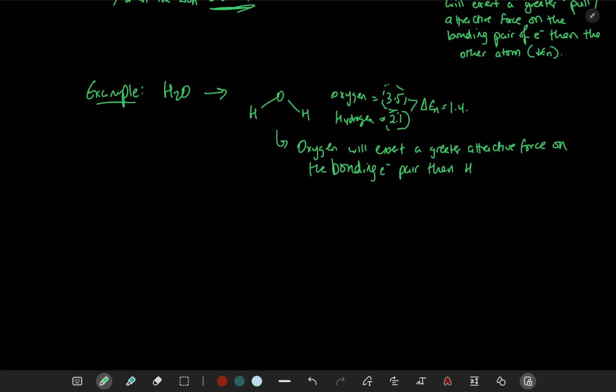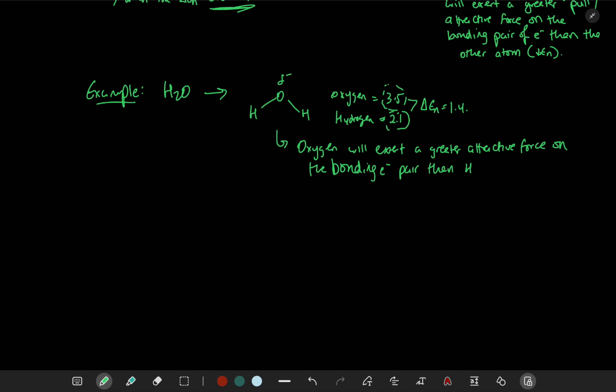So you're going to have what's called a partial negative charge, and it's denoted as that. And because oxygen is pulling those electrons towards itself, because of its greater electronegativity, it's going to have more of the negative electrons towards itself, so it's going to have a more negative charge.